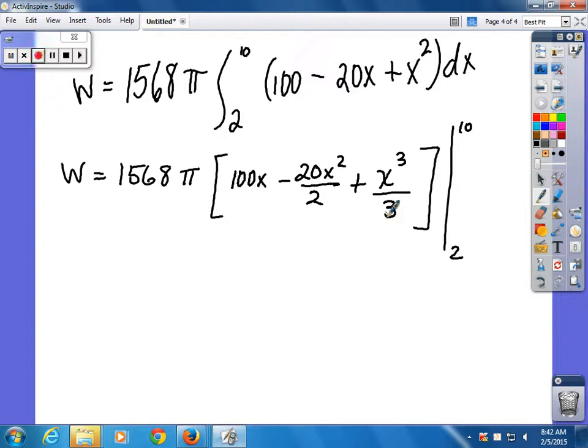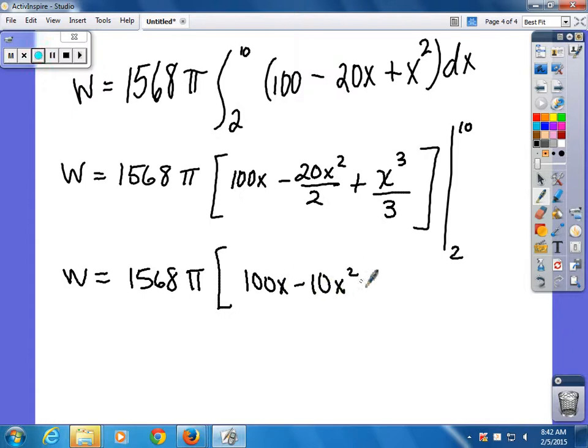And then of course that goes to 10. So we have W is equal to 1568 pi brackets 100x minus 10x squared plus 1/3 x cubed, evaluated at 2 and 10.